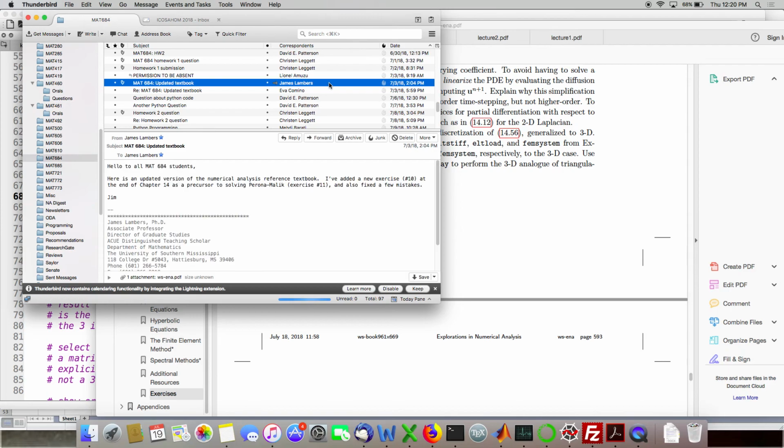On July 3rd, I sent the update. Oh yeah, you're not doing any 3D triangulation in this. I didn't talk about finite elements at all. But yeah, the file that I posted on the assignments page is where everything's laid out.